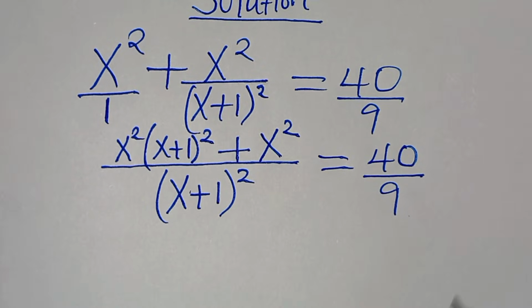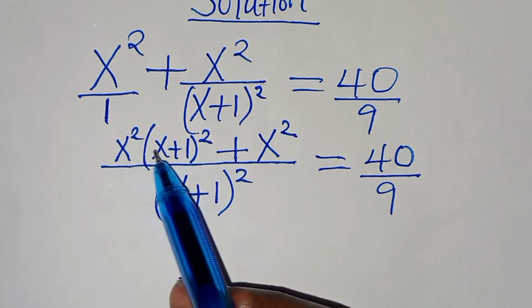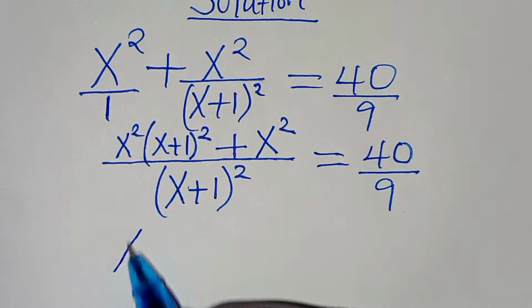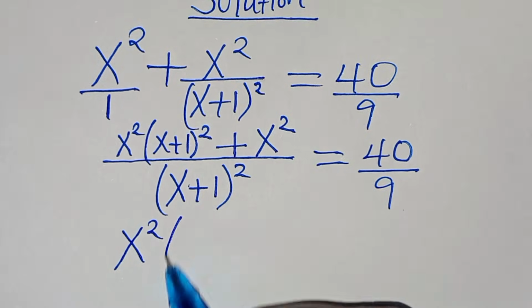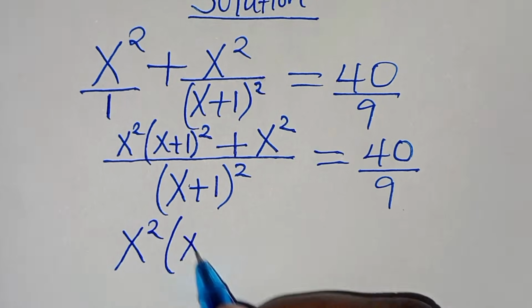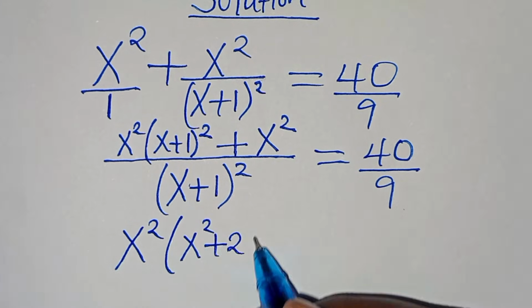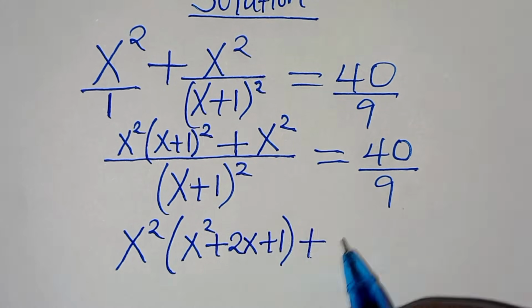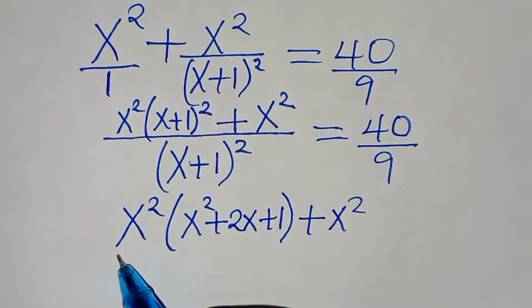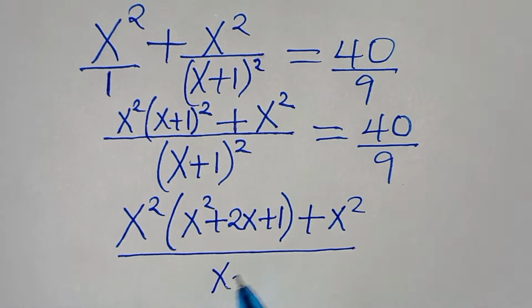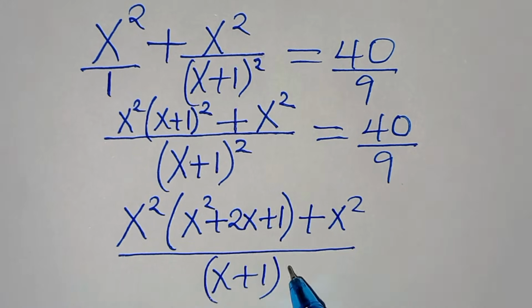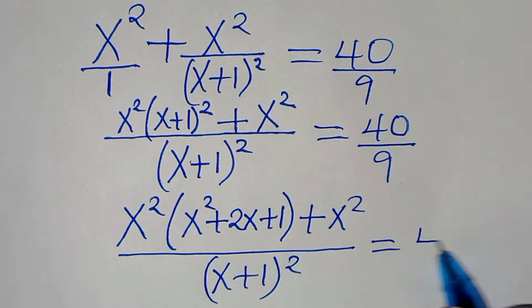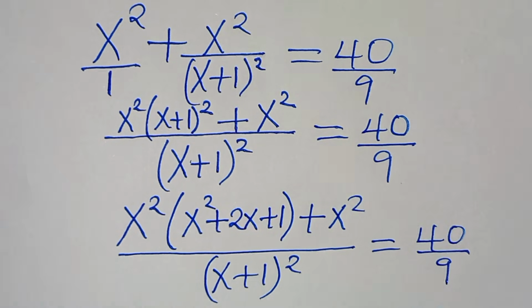Now, the next step, let's open the parentheses so that we have x squared multiplying by (x squared plus 2x plus 1), close the parentheses, then plus x squared divided by (x plus 1) to the power of 2. This is equal to 40 over 9.